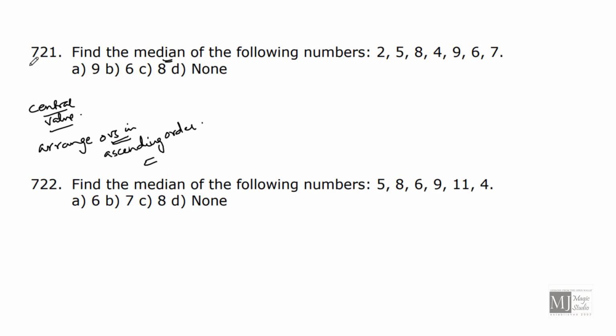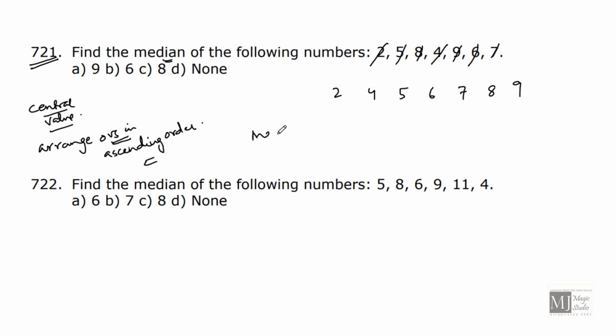Like for example, 7, 2, 1, 5, 8, 4, 9, 6. We first need to arrange them in ascending order. So we have 1, 2, 4, 5, 6, 7, 8, 9. Now how many numbers are given? 1, 2, 3, 4, 5, 6, 7.